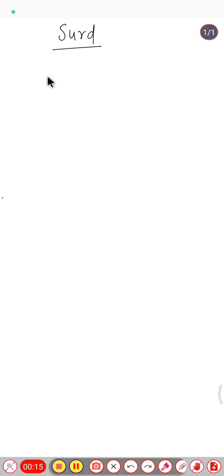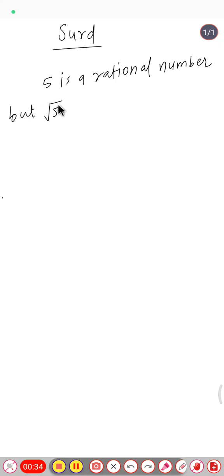So basically, 5 is a rational number, but root 5 is not a rational number.